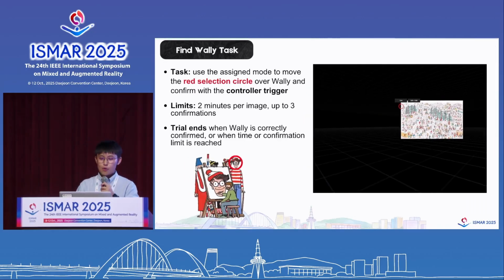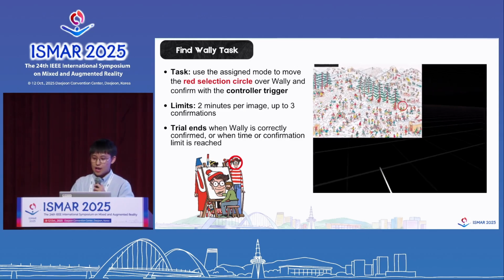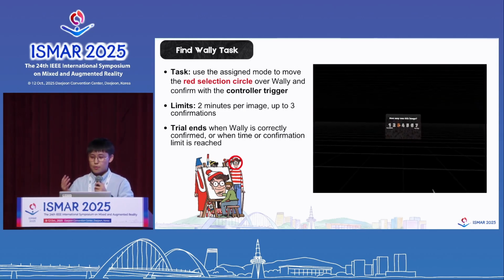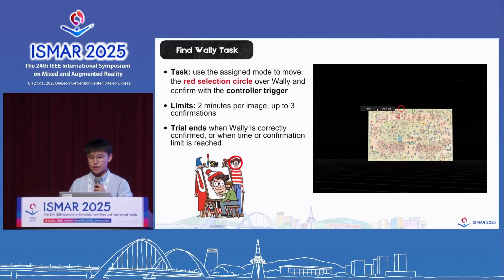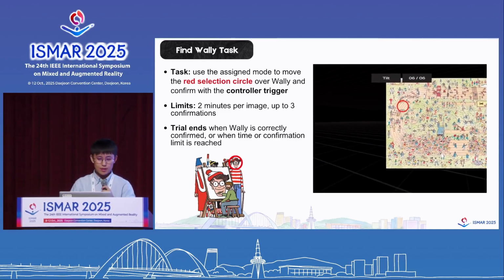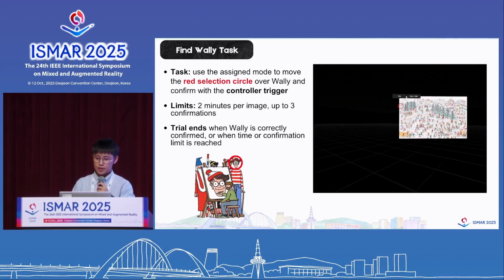For our user study, we used the Find Waldo task. We selected this task because it naturally requires both zooming for details and panning across the scene, and it is also widely used in visual search tasks. In this task, participants had to locate Waldo in a very complex image.